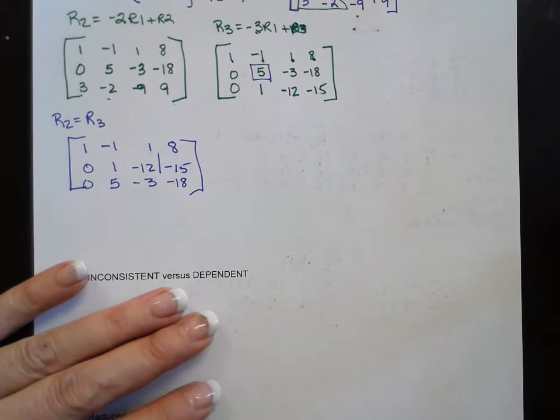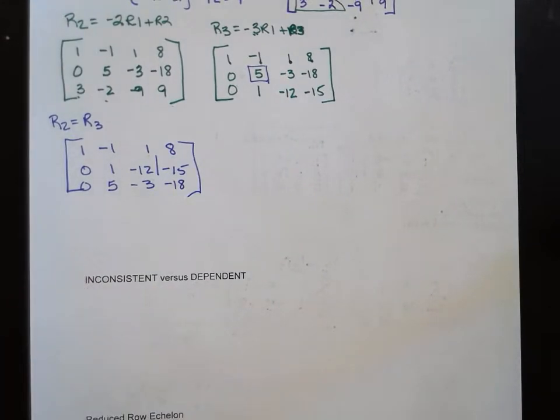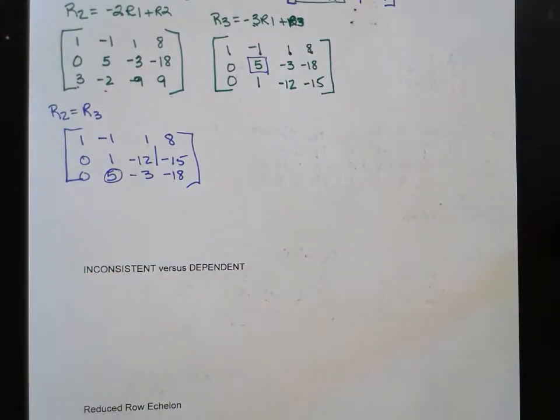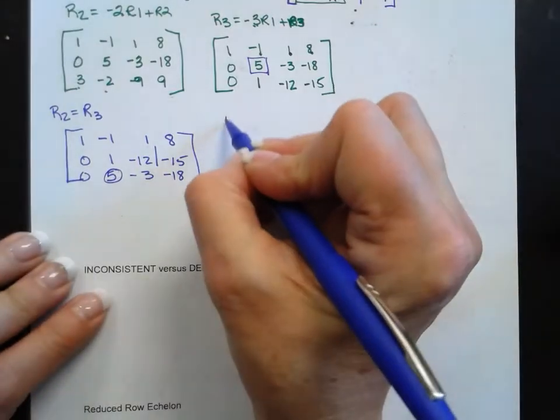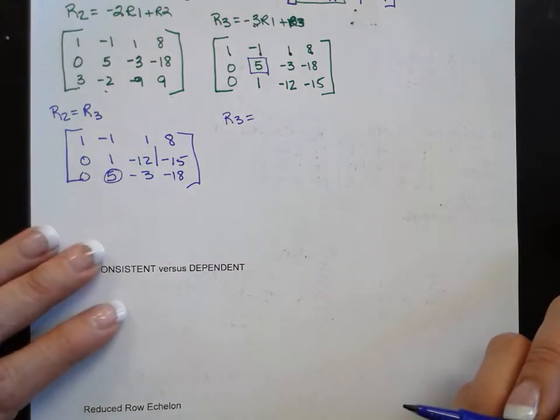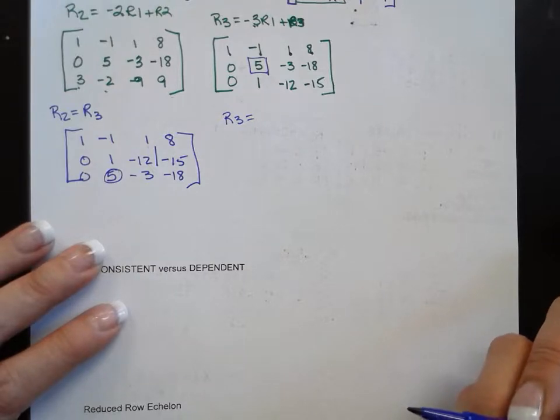Awesome. Good? Because now my last final thing is just to get that 5 as a 0. So row 3 needs to be, what's my rule? Danielle, what is it going to be?